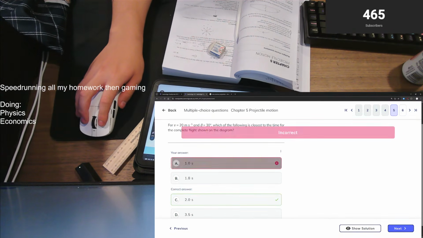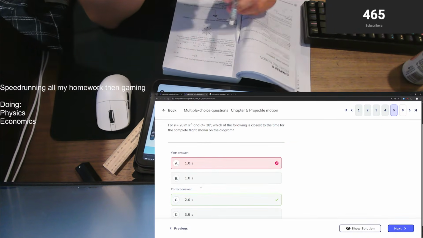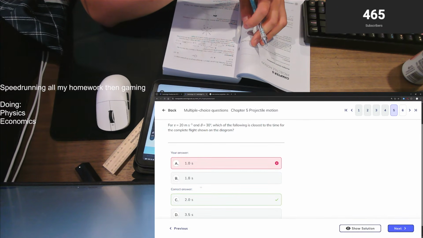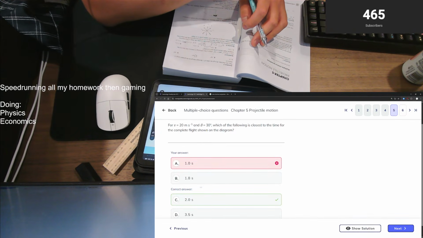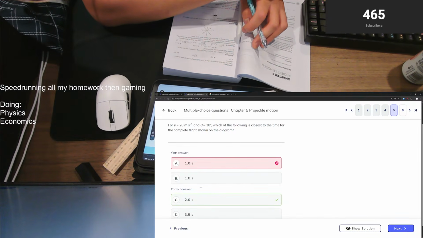Use suvat for all vertical components to find the time until v equals 0. How do I do that? I found the vertical component of velocity is 10.